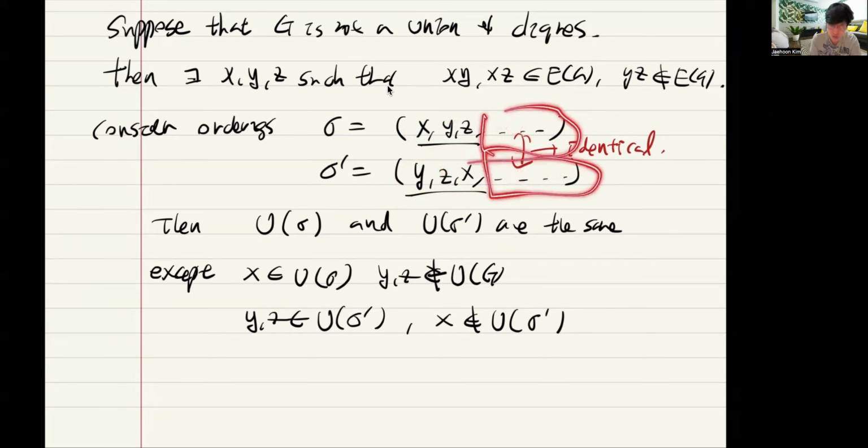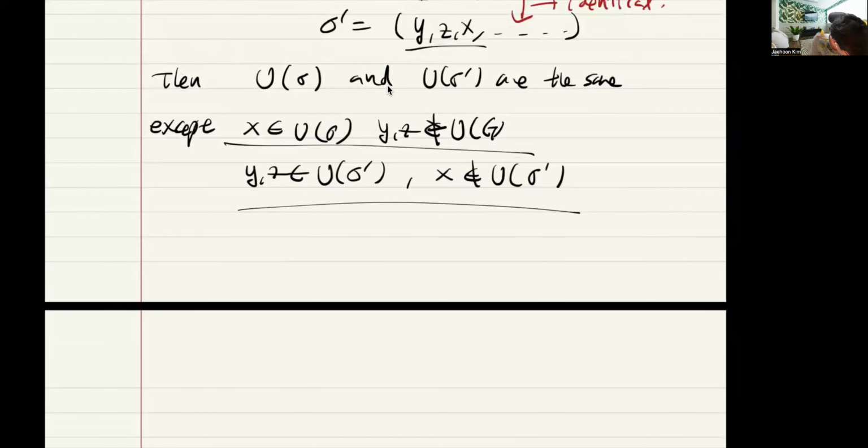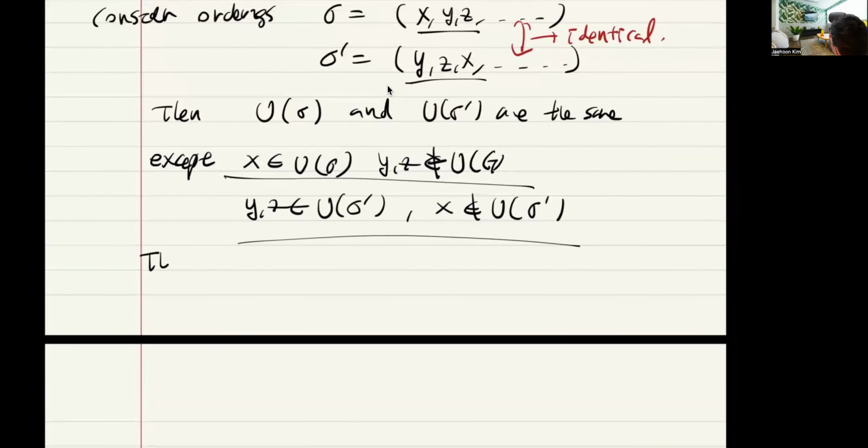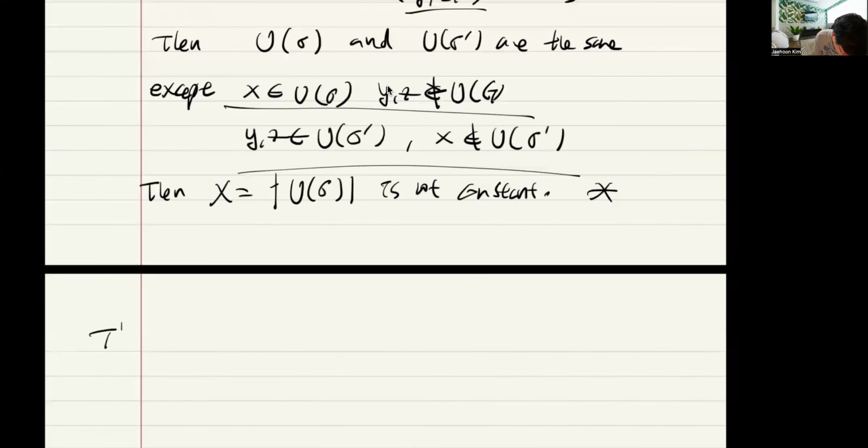So all of these vertices, if one belongs to U of sigma, the other also belongs to U of sigma prime, and vice versa. But the beginning is different. Then the size of this U of sigma is not constant, a contradiction to this assumption. Thus, G is a union of cliques.